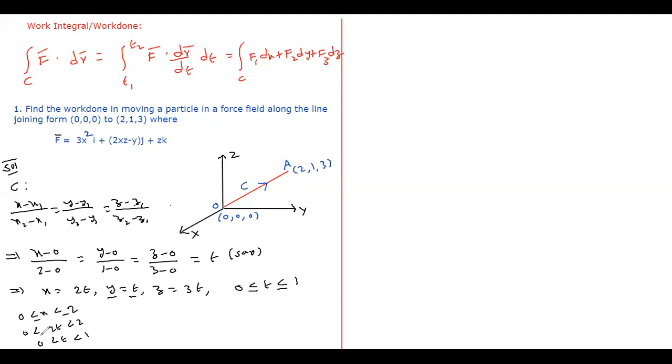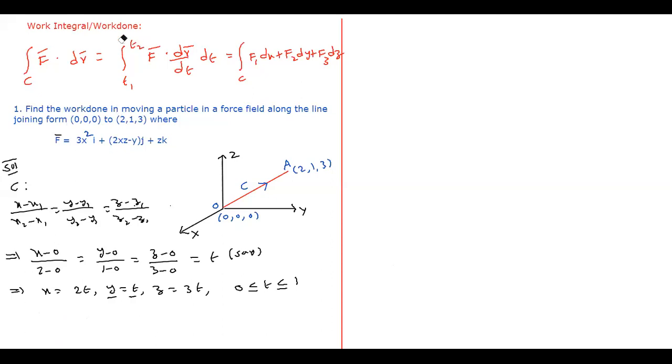So whatever variable you take, you will notice that t always ranges from 0 to 1. Is that okay? This is important. You need to know the values which t is taking. Okay. So then, what is your r bar?